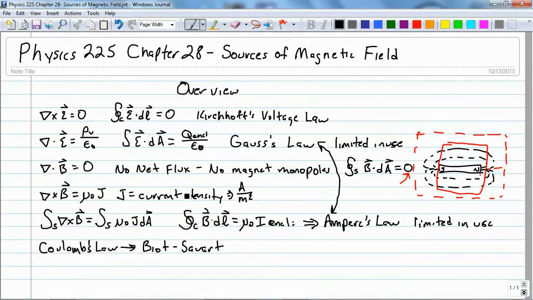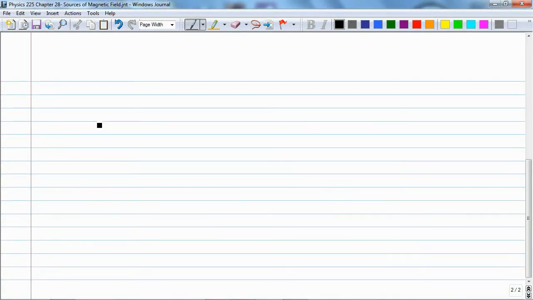So in this chapter, we're going to look at the magnetic field due to a straight wire. And the forces between two parallel wires.